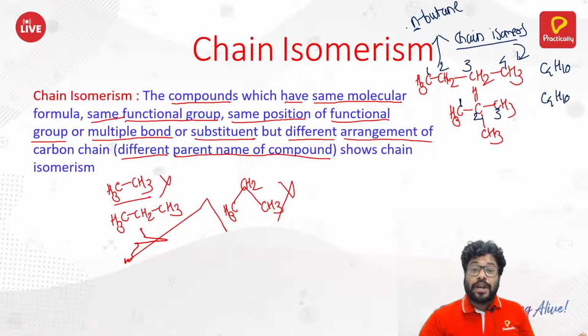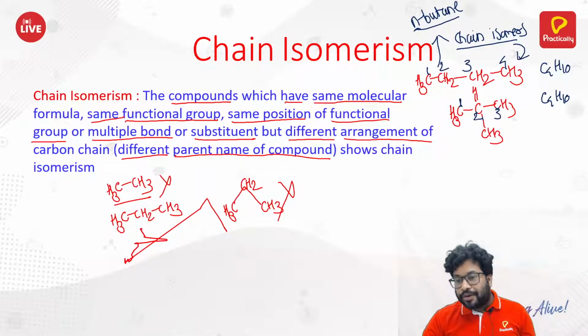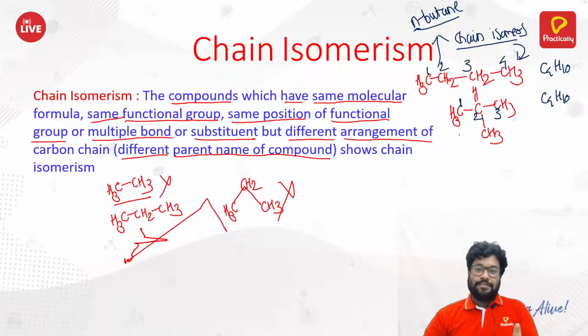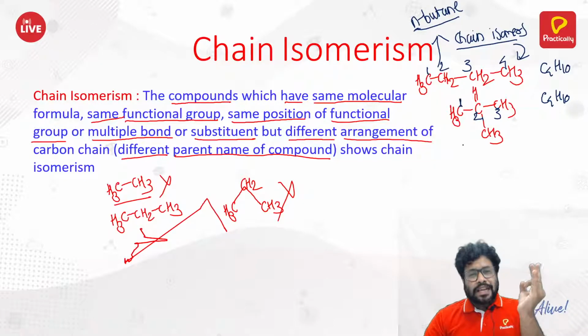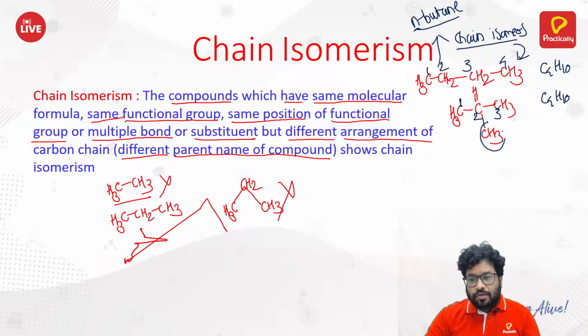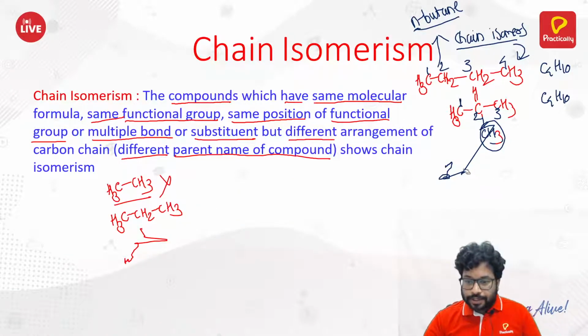N means normal, so it's normal butane. How do you name the other compound? In its longest chain you have only 3 carbon atoms, and the remaining carbon will be the substituent.